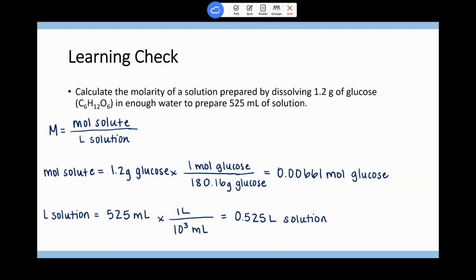So we're just using our milliliter to liter conversion to make sure we have liters of solution. Now we have moles of the solute and total volume of the solution, so we can use these values to calculate molarity. Going back to that first equation, moles of solute over liters of solution, I'm going to add in these values: 0.00661 moles over 0.525 liters.